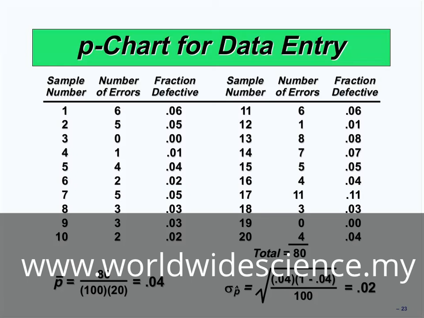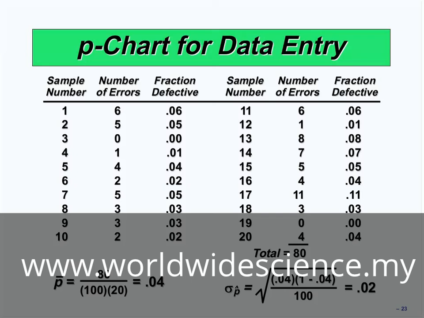P bar can be calculated as the number of whole defective divided by the whole production, or whole sample size. The number of defective was 80. 80 divided by, we did 20 samplings, and in each sampling we select 100 unit products.